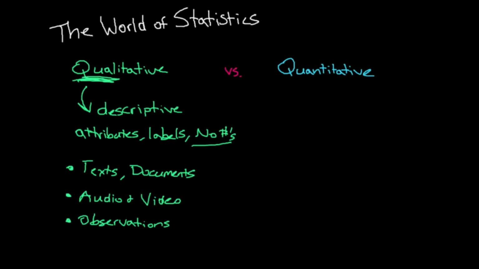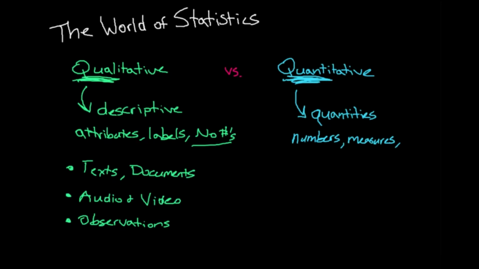So moving over to quantitative data, I suppose you can figure this out. It's dealing with quantities, right? And when we're dealing with quantities, we're usually talking about numbers, measures, right?